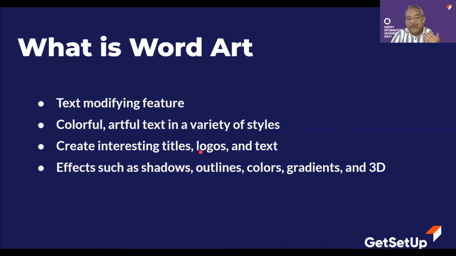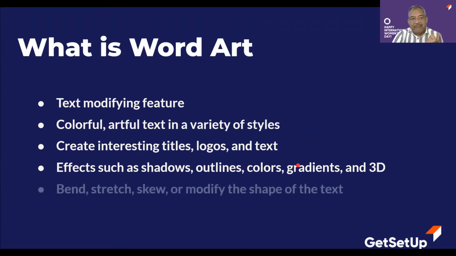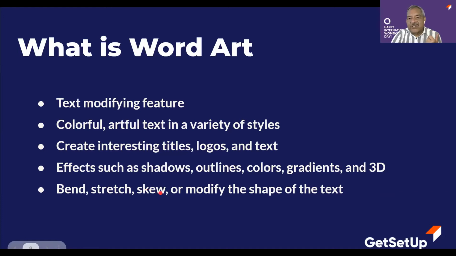Outlines means that for every word or object, we can change the outline, color the outline and do a host of other things. Besides that, there are gradients and 3D also. And the text we can bend, stretch, skew, or modify as per the requirement of the presentation.